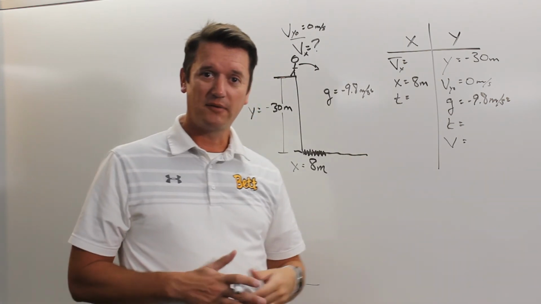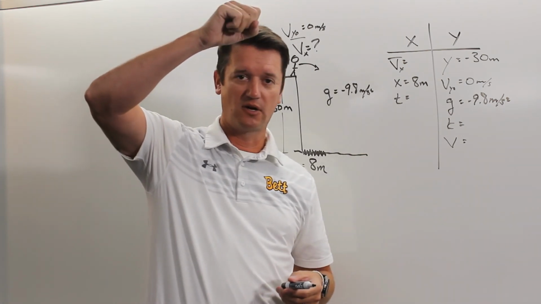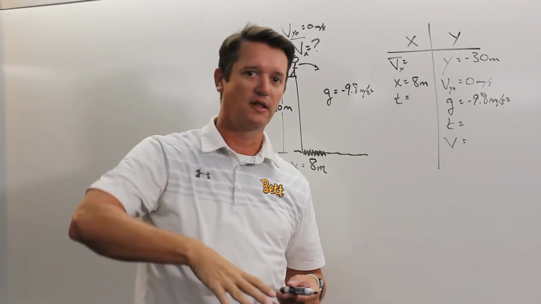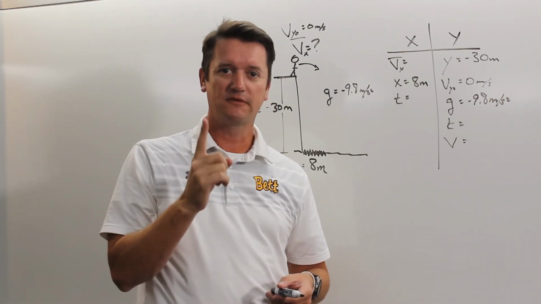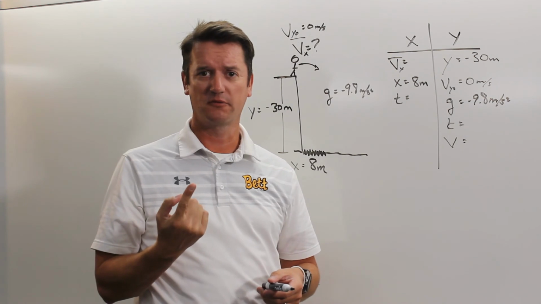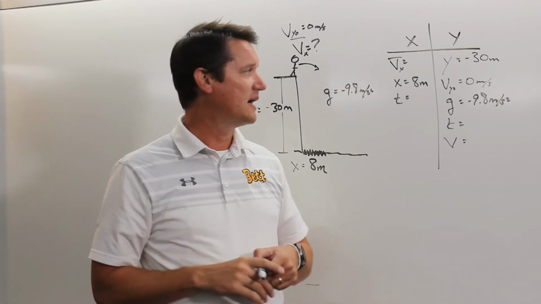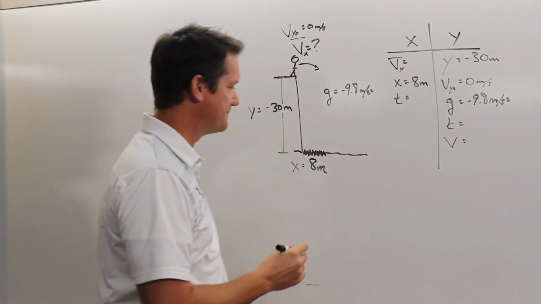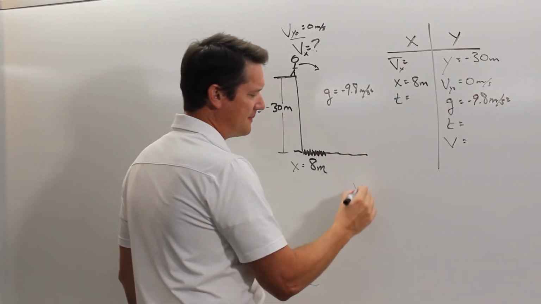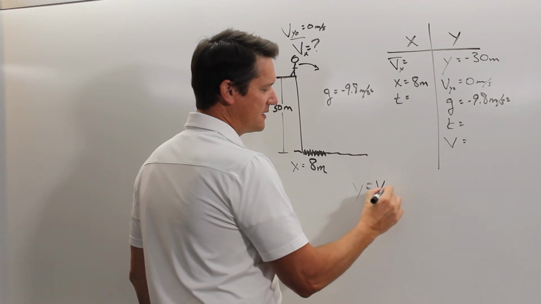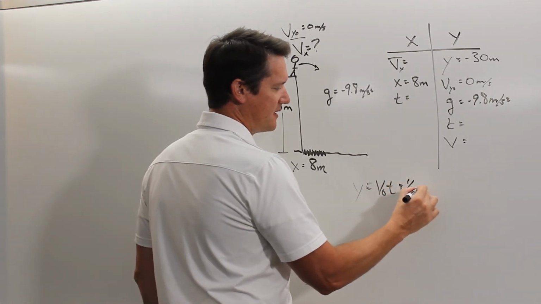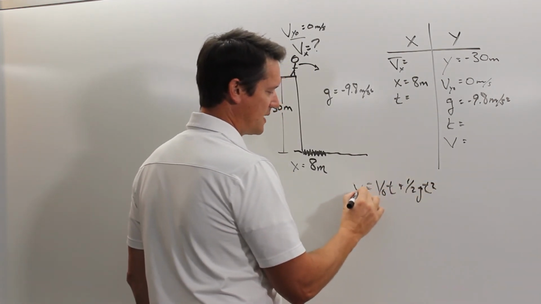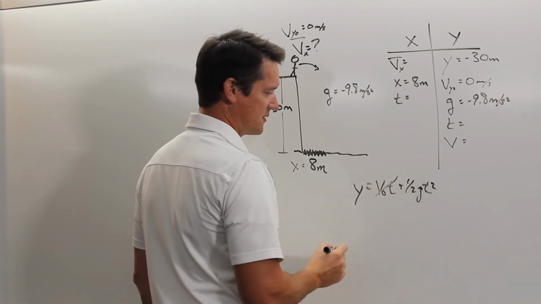Remember, with the y direction, all this thing is doing is a sphere falling. I only need one piece of information. Do I have one piece of information? Sure I do. I have the height. It fell 30 meters. Let's see if we can solve for the time. I'm going to use this equation, v naught t plus 1/2 gt squared is equal to y. V naught is 0, so that's going to go away.